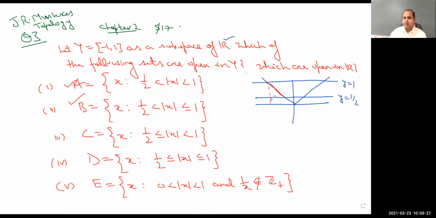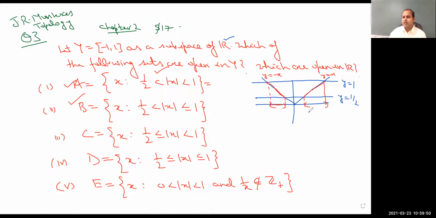Draw a perpendicular on the x-axis, this interval gives the value of x, and similarly for this one. Depending on this, on solving, here we have strict inequality. So basically, this is the graph of y equal to x and this one is y equal to minus x.